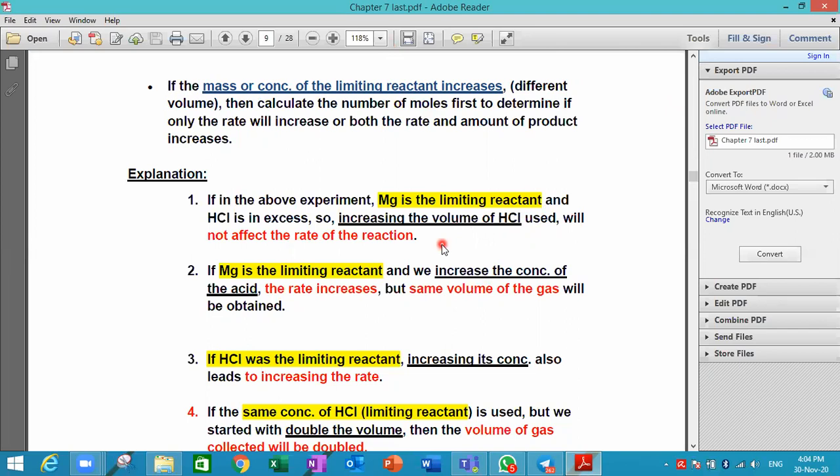If I use a certain concentration of HCl, for example 0.1 mole per decimeter cube, and I used 50 centimeter cube, and we say that this 50 centimeter cube is in excess.